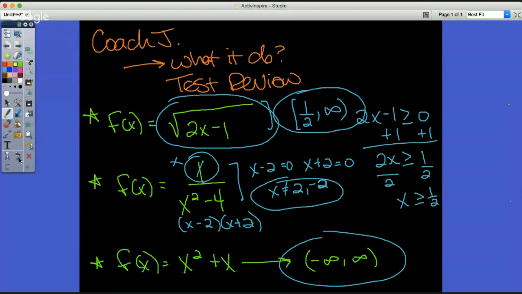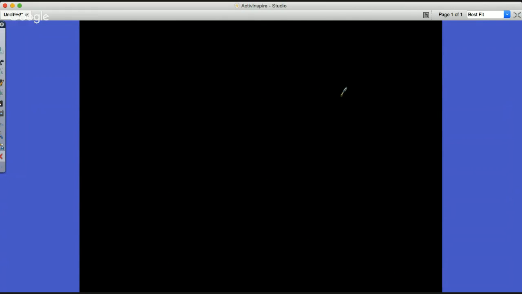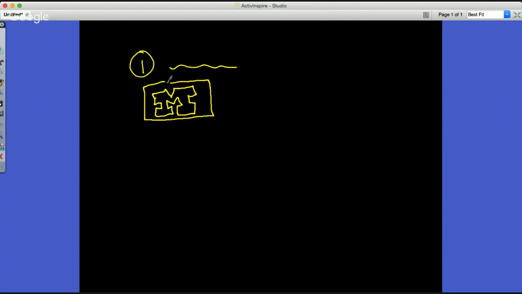Probably important to note as I erase this next one before I get to number 20. Tell you what, next to the first problem, so on the test, I'll have number 1 and I'll list it and go from there. Next to your first answer, if you put a Michigan M right next to it, doesn't have to be perfect like this, but if you've watched this podcast, then you know.